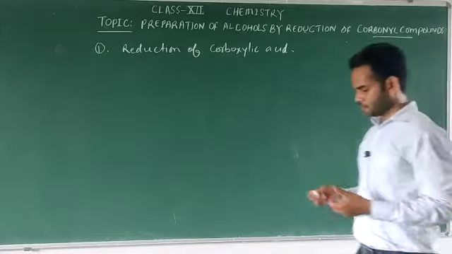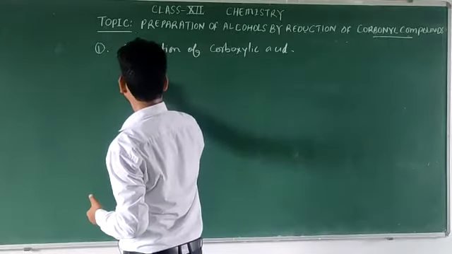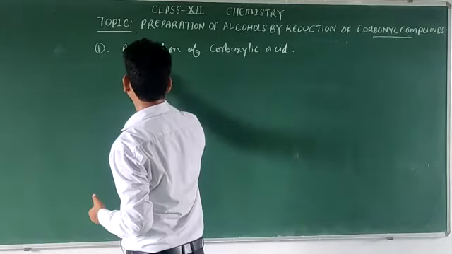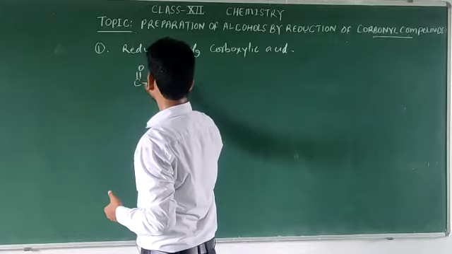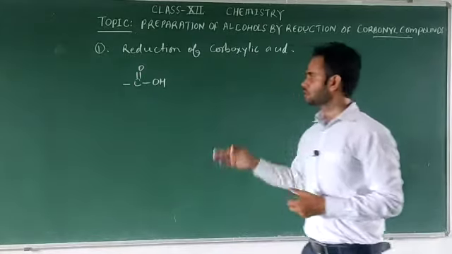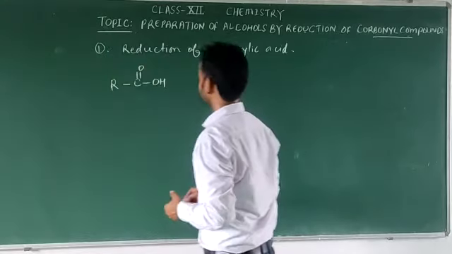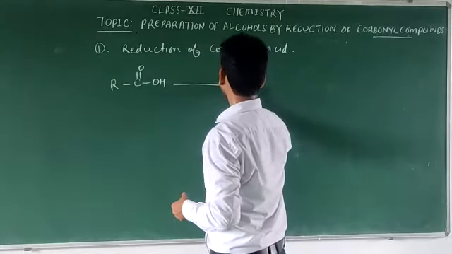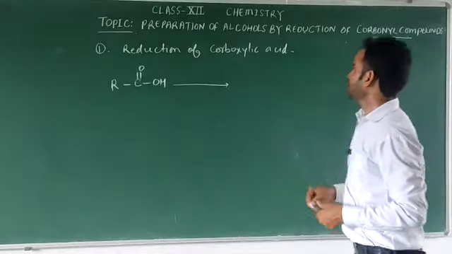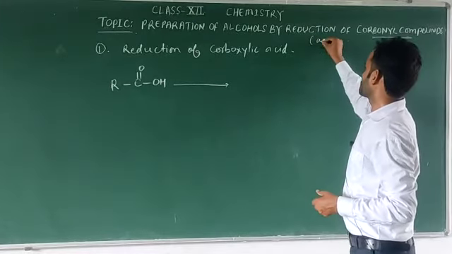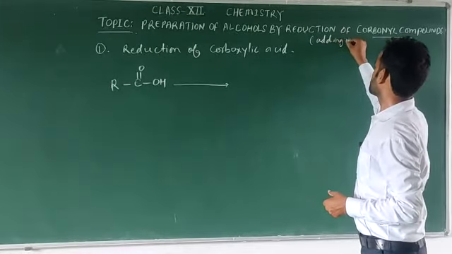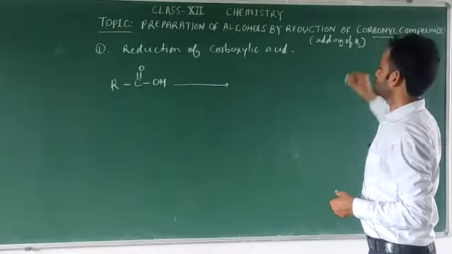Okay, so as we know, carboxylic acid is like COOH, the functional group is like this. Okay, so the general equation would be like this. If we add R alkyl group here, then to reduce it, reduction means adding of hydrogen.